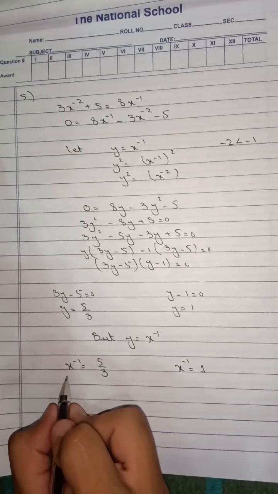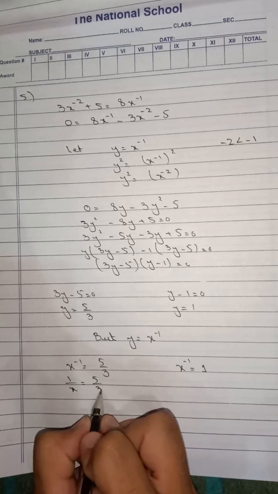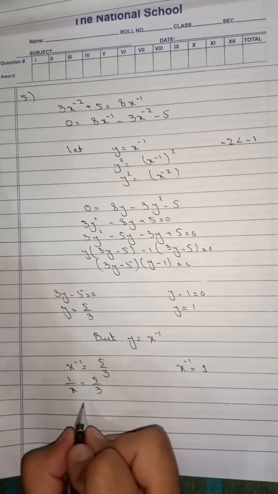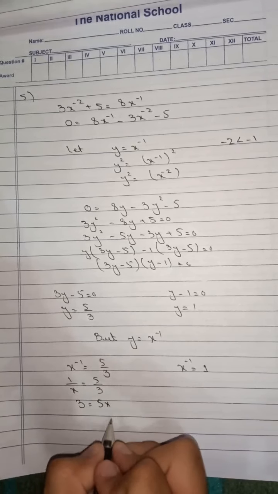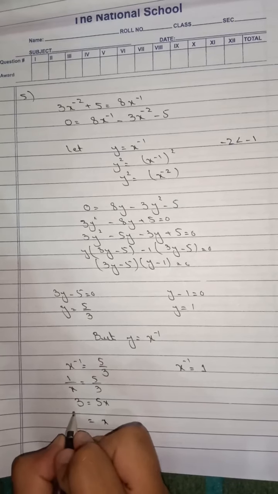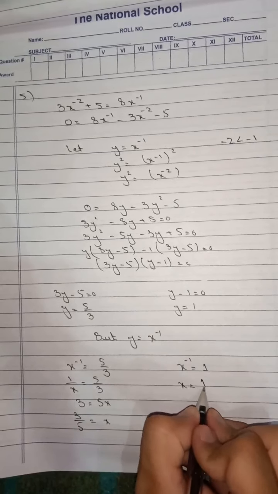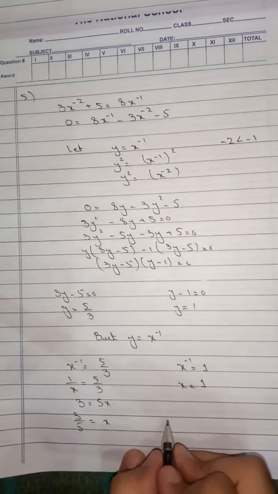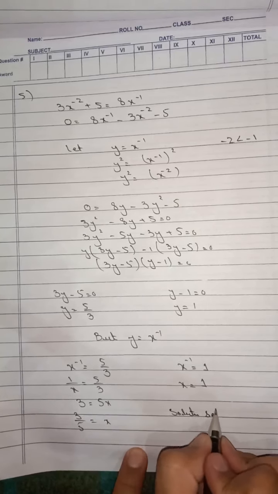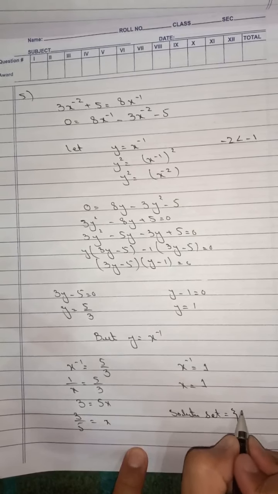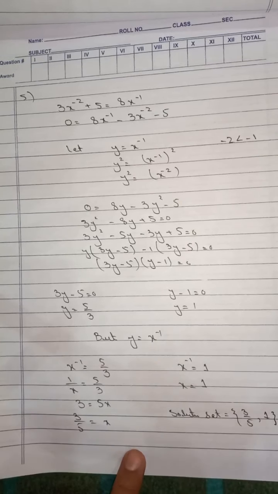Now x inverse means 1/x, it is the reciprocal function. 5/3, cross multiply them, 3 equal 5x and x equal 3/5, and the reciprocal of x 1 is always 1. Solution set: 3/5, 1.